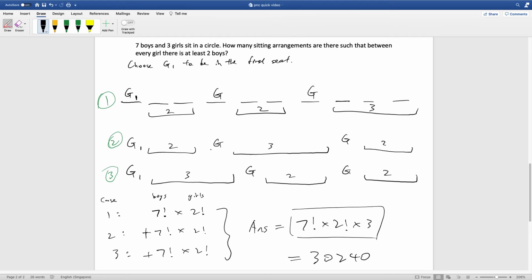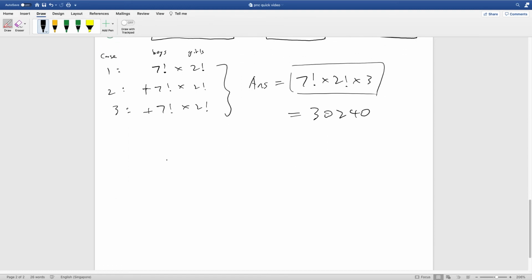Now you see that by choosing one girl to be always seated in the first seat, it's much easier to think about counting the remaining people than if we had to say, okay, we first arrange them, then there could be, let's say, boys here, then girl here, and then boy, girl, and then boy.